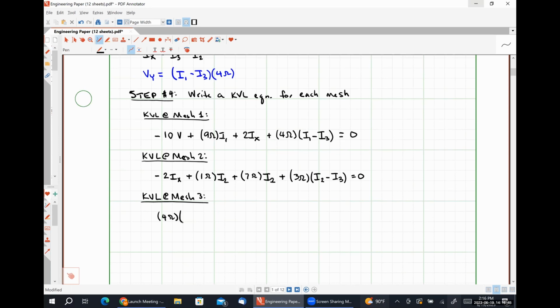Now that we're following mesh current 3 around, we're going to have I3 minus I1. Then we are going to see our 3 ohm resistor. We're going to have I3 minus I2. And then lastly, I believe we have an 8 ohm resistor that only carries a current of I3, and we set this equal to 0. Okay.